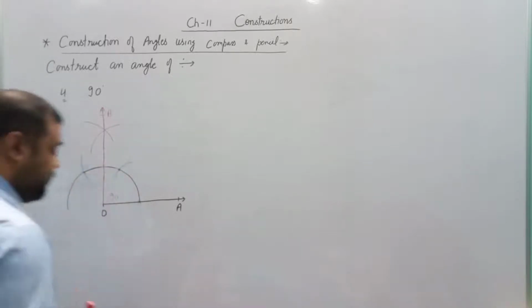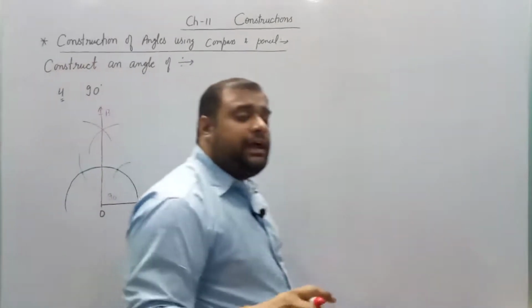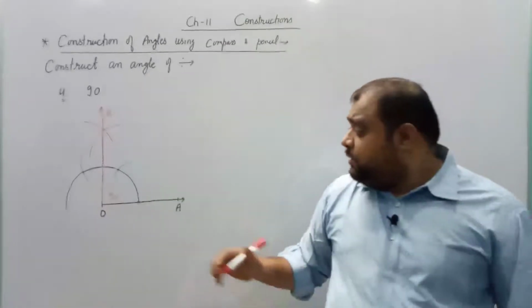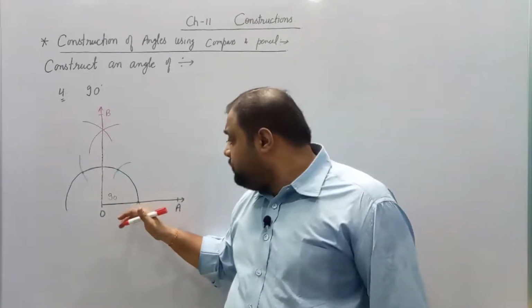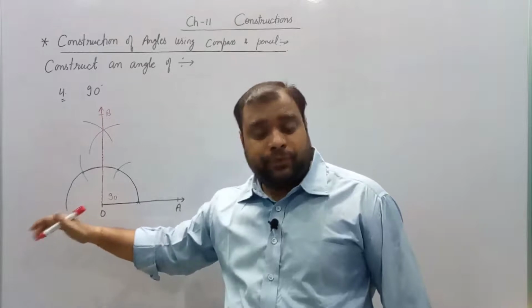This gives 90 degrees. You can also construct an angle of 90 degrees by the bisector of 0 and 180.